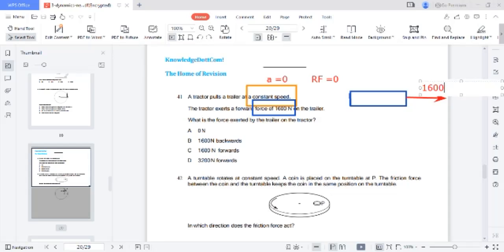We know that the resultant force is 0. So it means it is countered by the same amount of force but in the opposite direction. So 1600 is in the forward direction, means 1600 would be in the backward direction as well, like this. So we can say the correct option is 1600 in the backward direction and the rest of the options are incorrect.